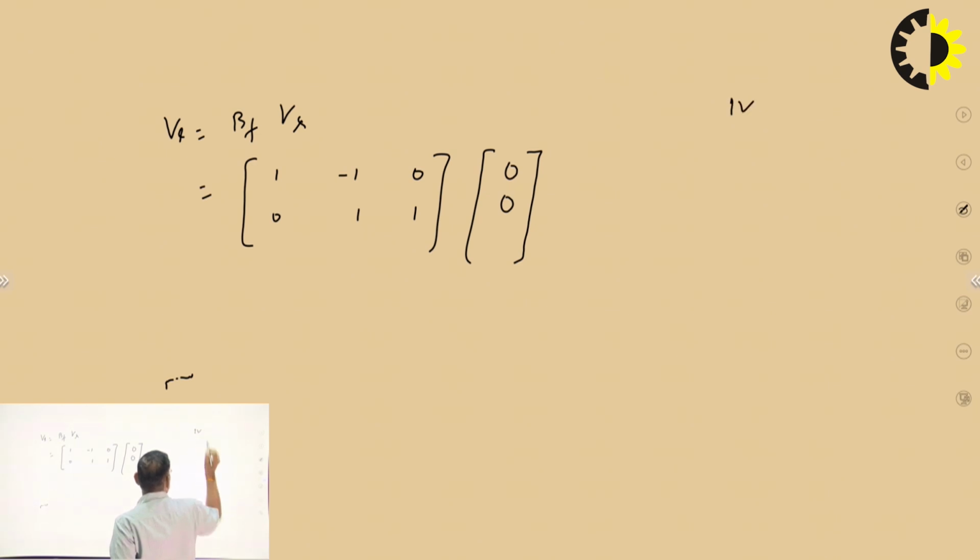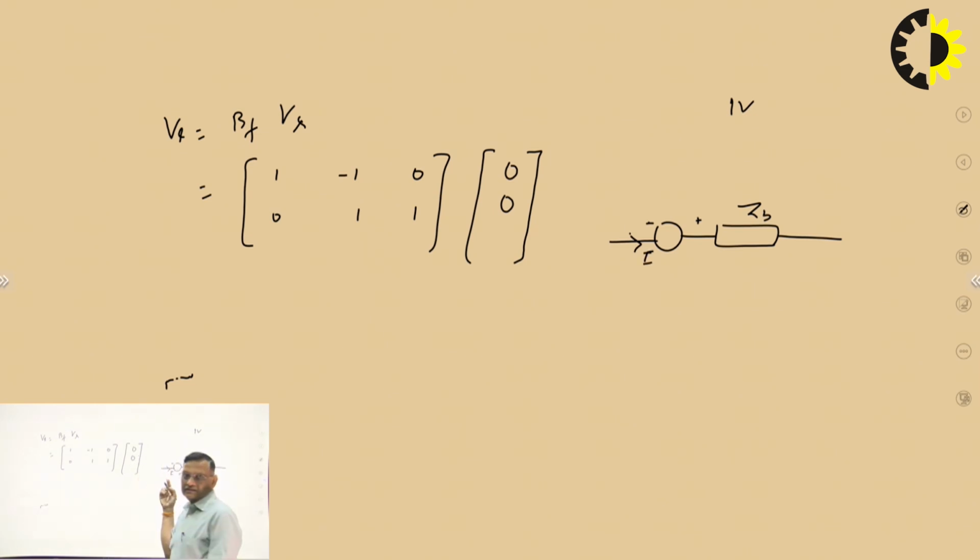Now whether it will be the plus sign or minus sign. If you remember, while carrying out the analysis, this is your ZV, this is the plus and this is the minus. Current is entering the negative terminal and leaving the plus terminal, and I have considered it as the plus sign.